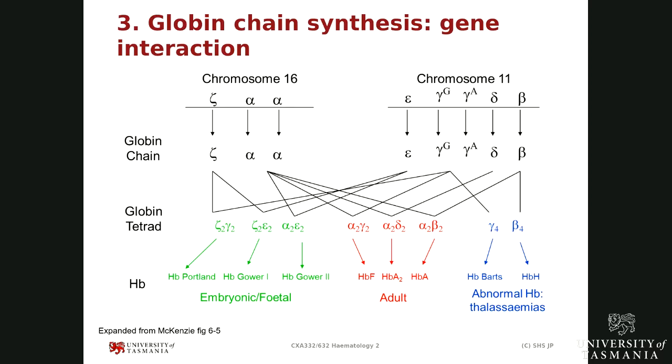But alpha thalassemia would appear to be the far more serious condition, but remember that we actually have 4 alpha genes that can encode for hemoglobin. So, you know, we've got, I guess, 4 chances of being able to make some hemoglobin.